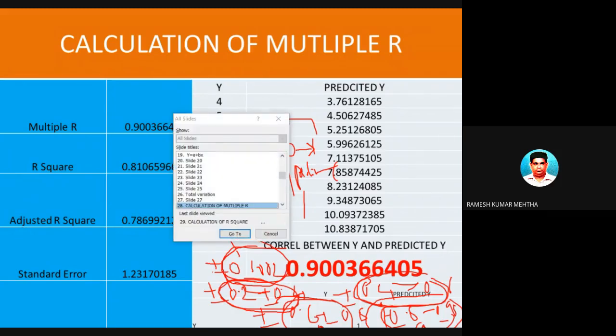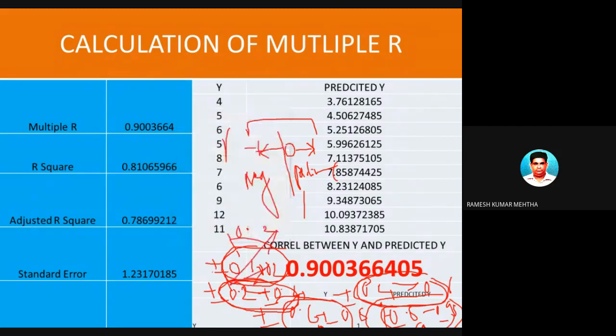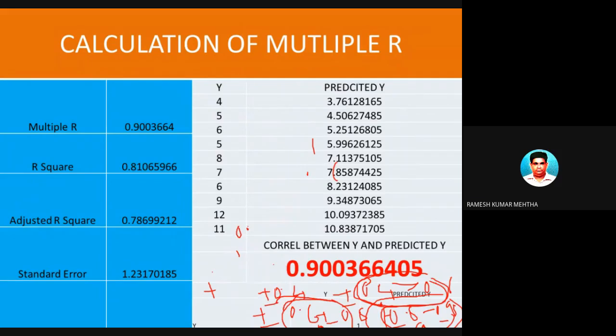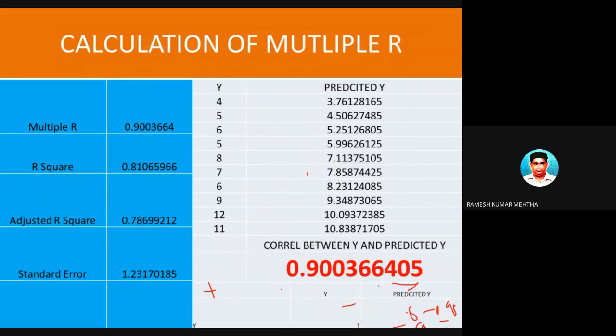Please remember, when we run a regression and you get a table of multiple R, R square, adjusted R square, standard error, and so on, look at these items.